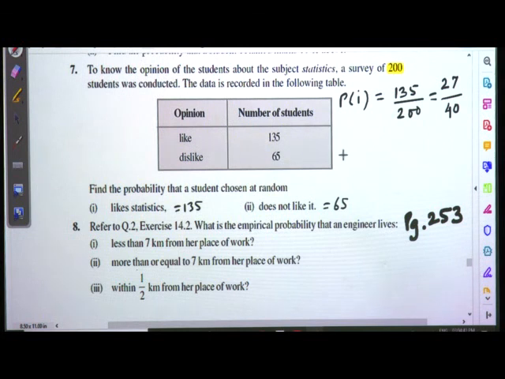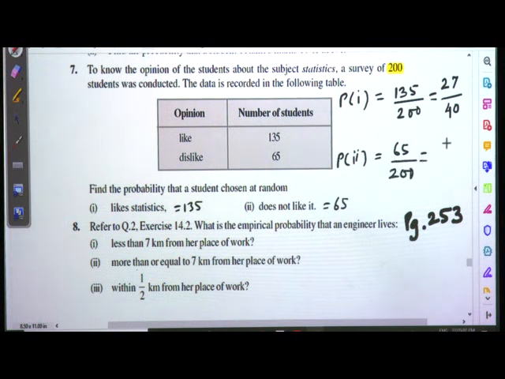And probability of the second. What is the second event? Does not like it. Student who is disliking statistics. Favorable outcome 65 upon total outcomes 200.